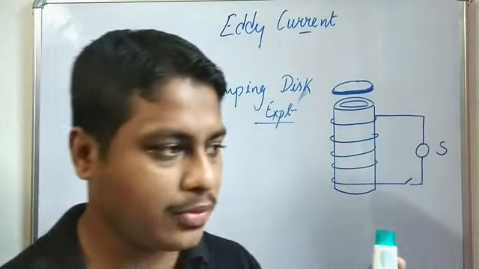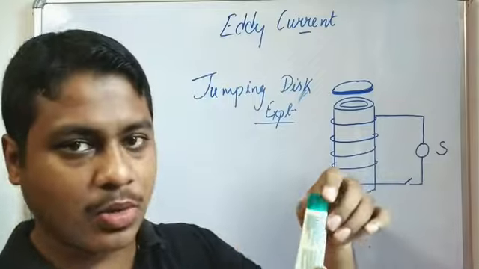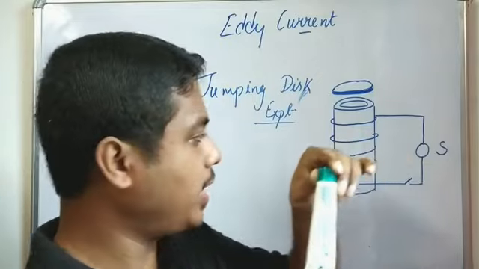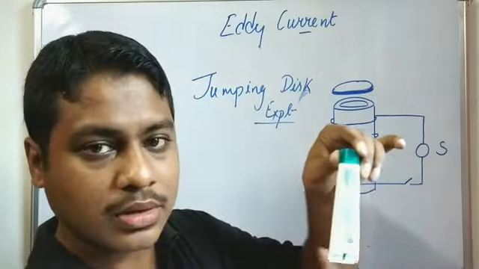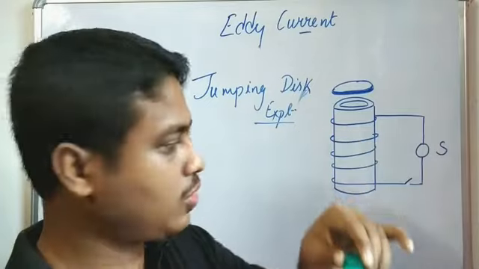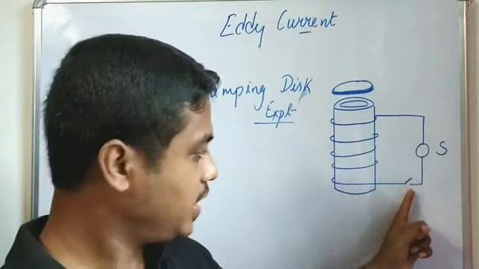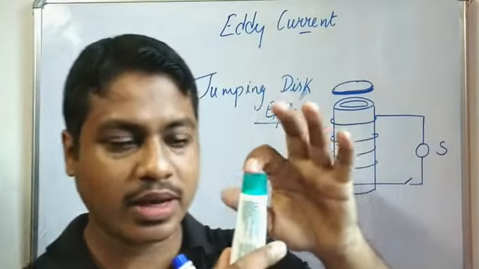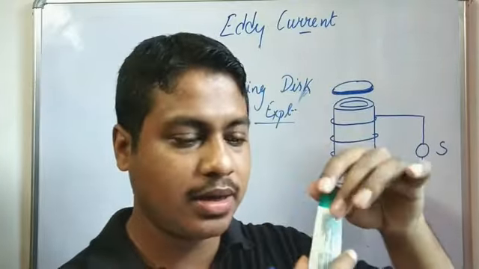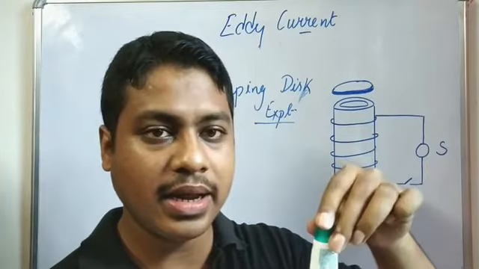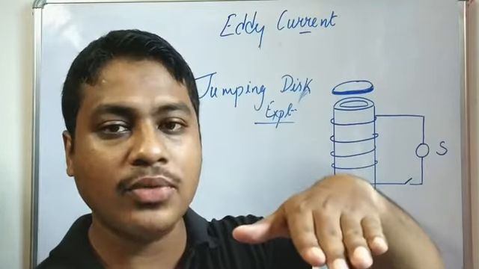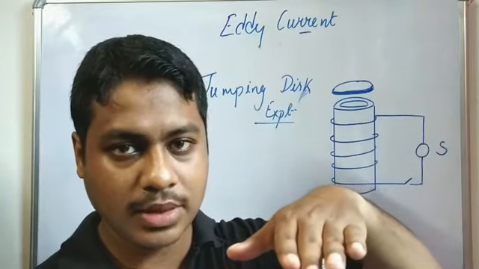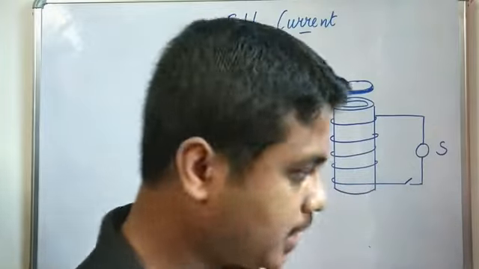The lower part of the tin is connected with a wire, as you can see in the coil, connected with a source. This S is your source, and this is your key. The lid is just put above the tin. Clear? Now how does it work?